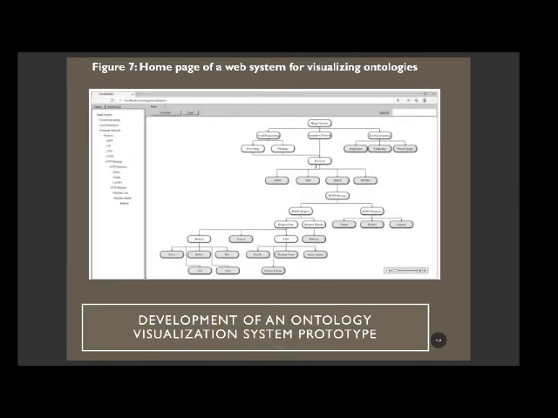The described architecture formed the software implementation basis of the subject area ontology visualization system prototype, which was implemented in JavaScript. Poster 12 shows the main page of the website, which presents a visualized ontograph. As can be seen from the figure, the main window of the system consists of two parts.